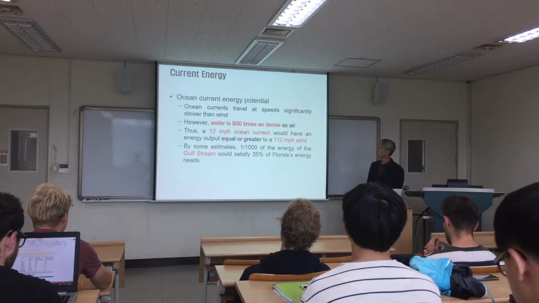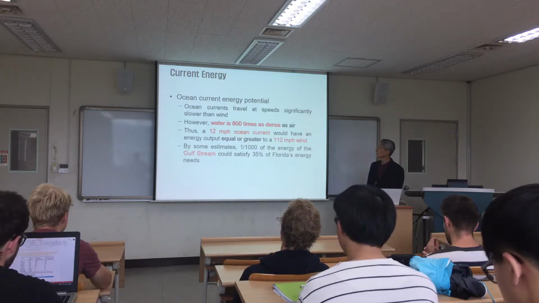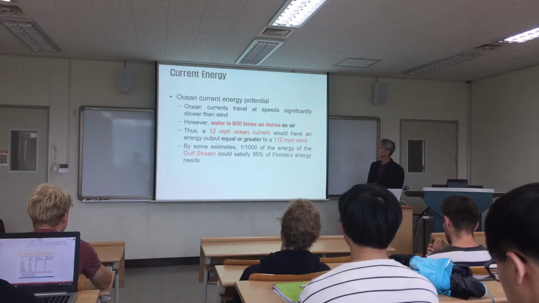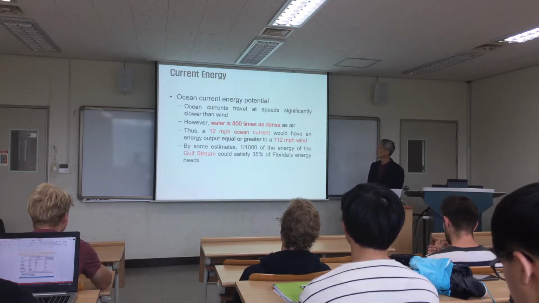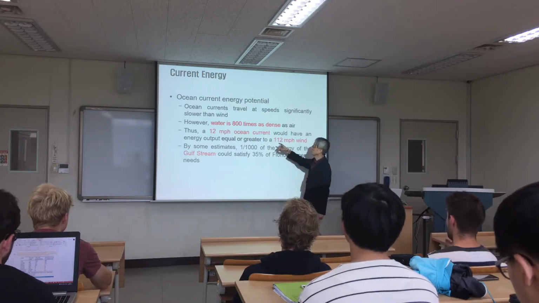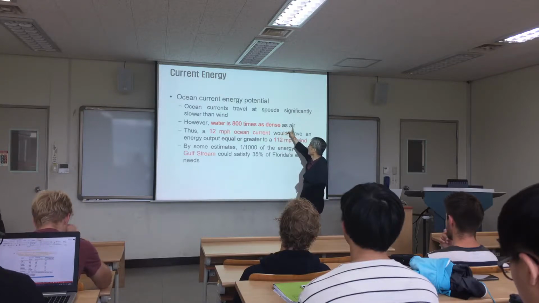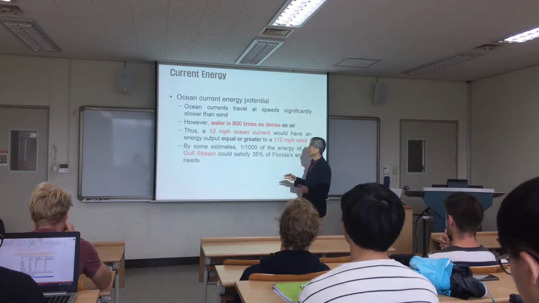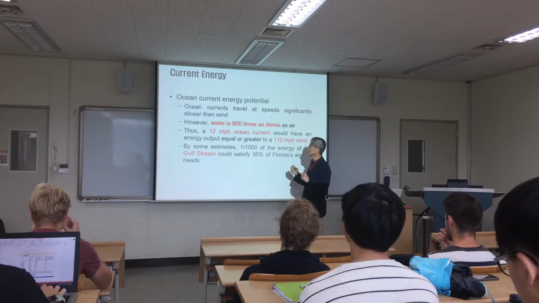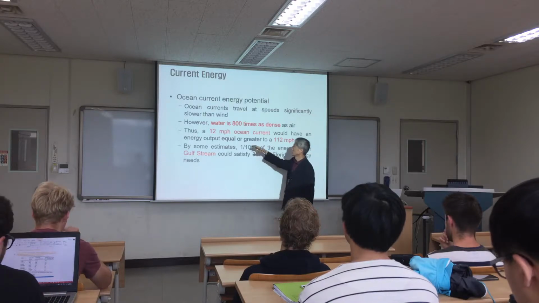And energy potential, speed is very slower than wind, but water is 800 times more dense than air, so that we are comparing the energy density or power density.